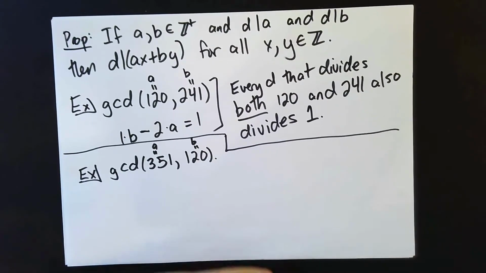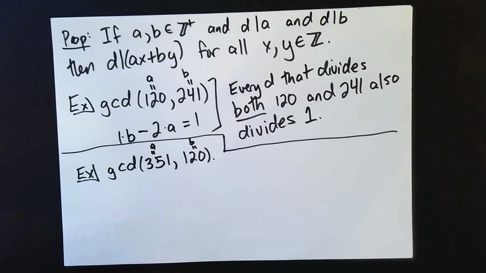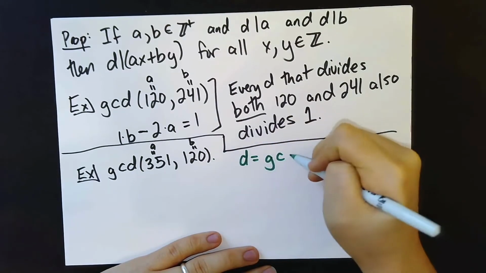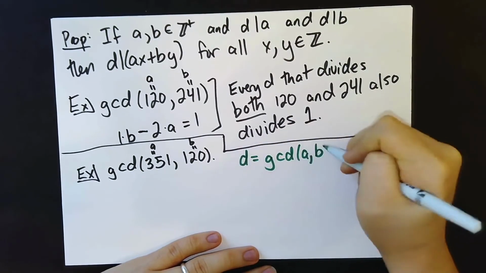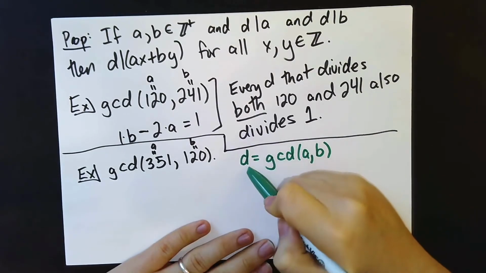So, what am I going to do? Well, I want to find a smaller number that thing also divides. So again, I'm going to let D here represent the GCD of these two things. And so I want to find as small a number as possible that D also has to divide.